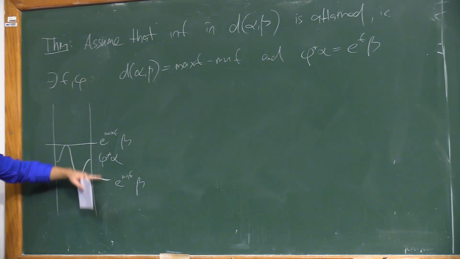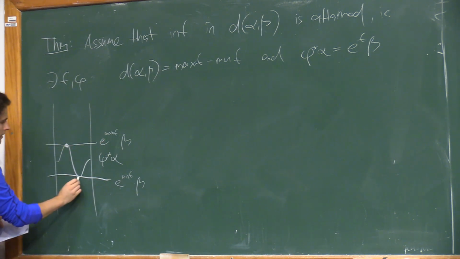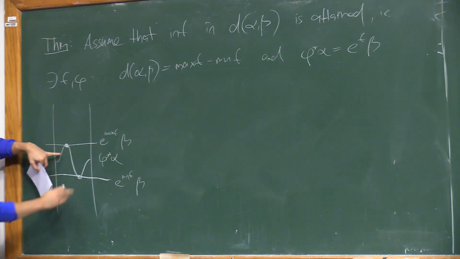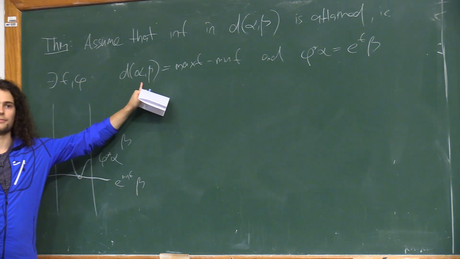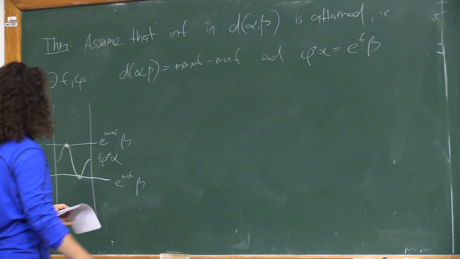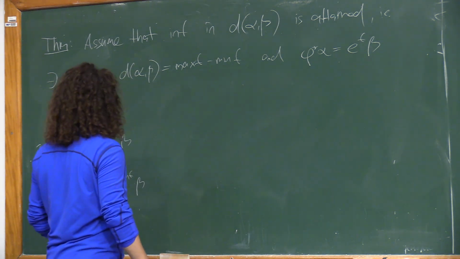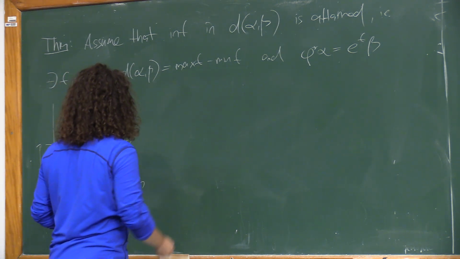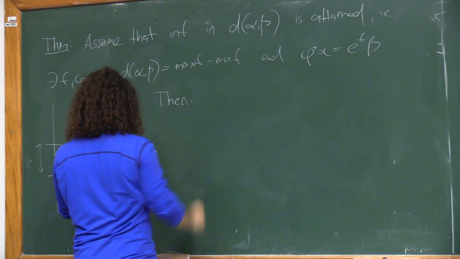So that's two translates of beta, and these two are going to touch in some non-empty closed sets. And this distance is exactly going to be this value here. So we assume we are in this situation. It's not at all clear whether it happens at all, but we assume that's the case. And then it turns out that two statements are true.